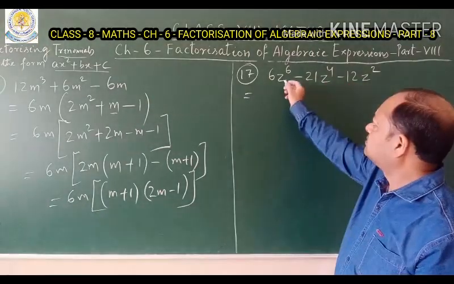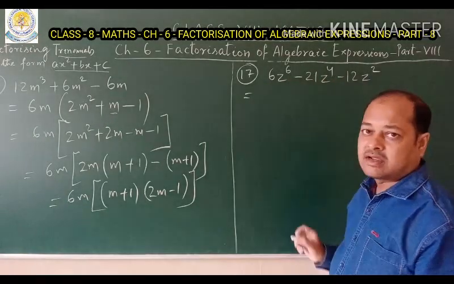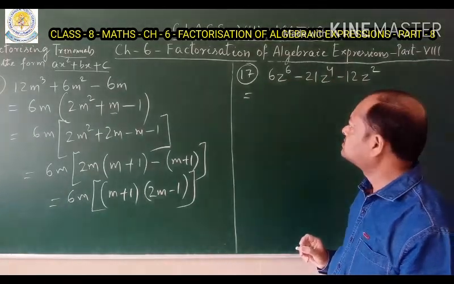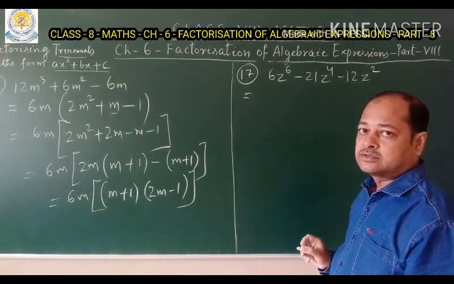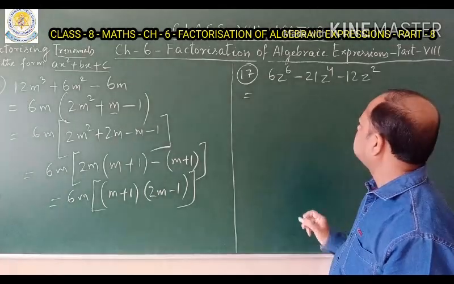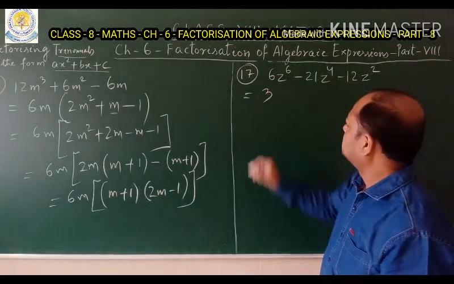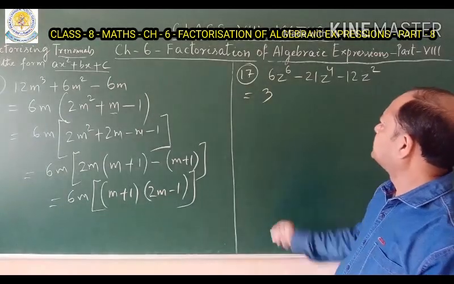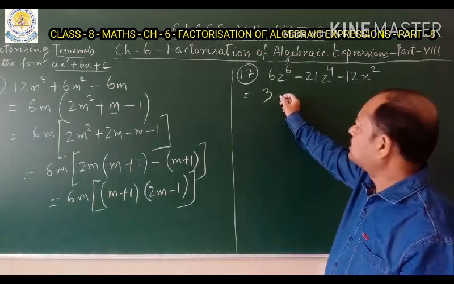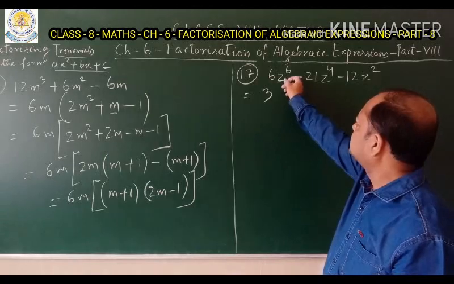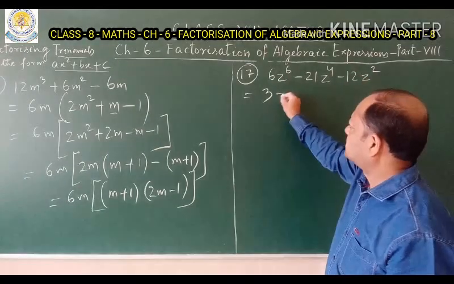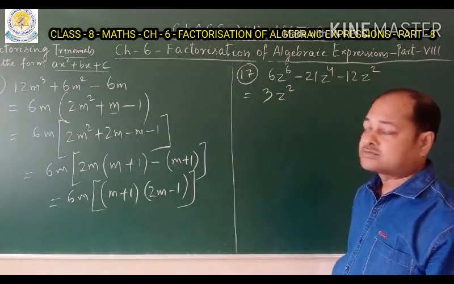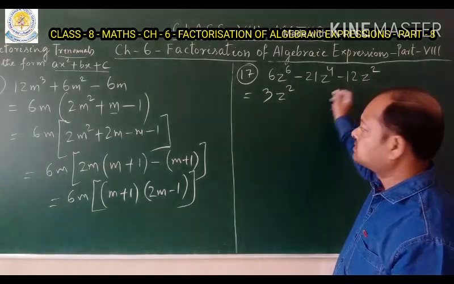What is common between 6, 21 and 12, the coefficients? Take the HCF, and that is definitely 3. If you take 3 as common, that is the HCF. And what is the literal common? z^6, z^4, z square. Yes, z square is common in between these three terms.